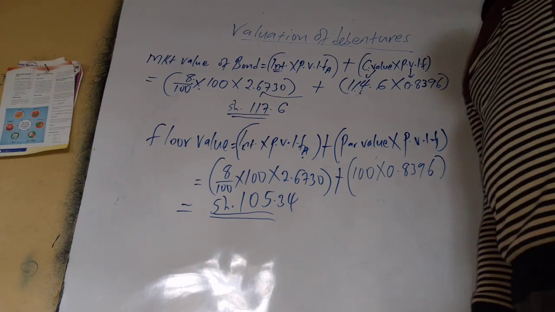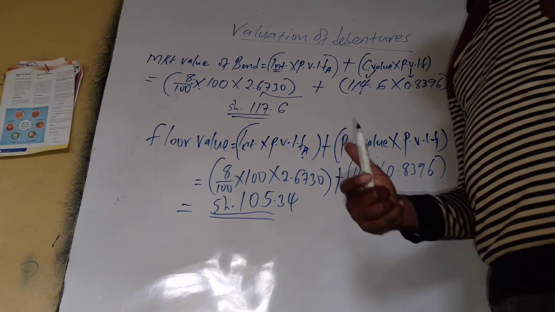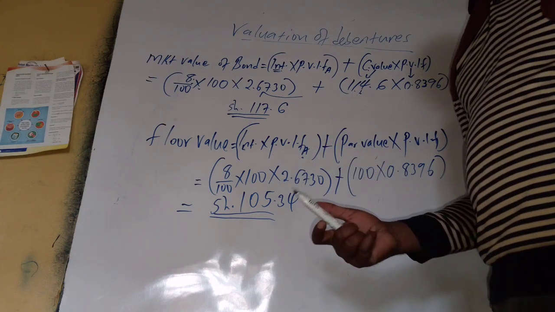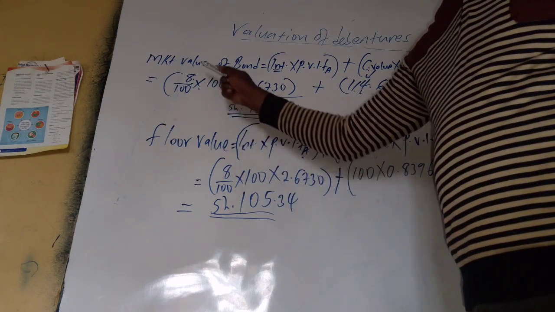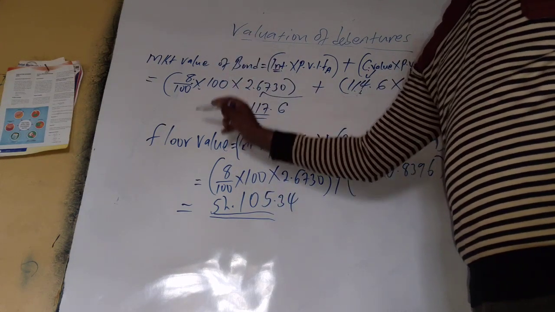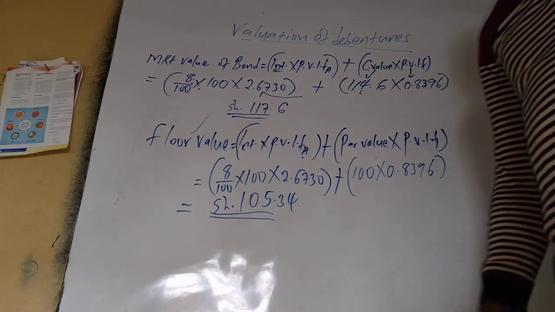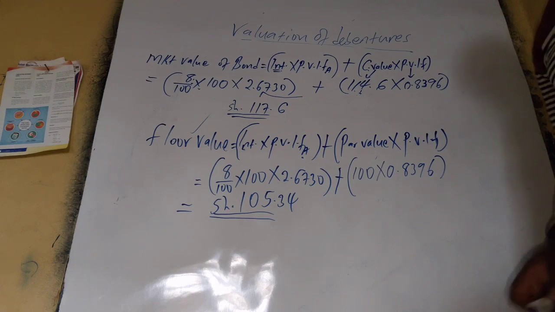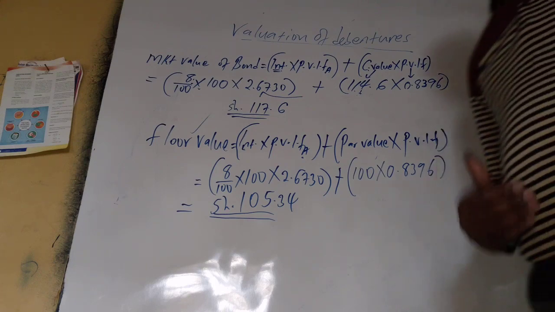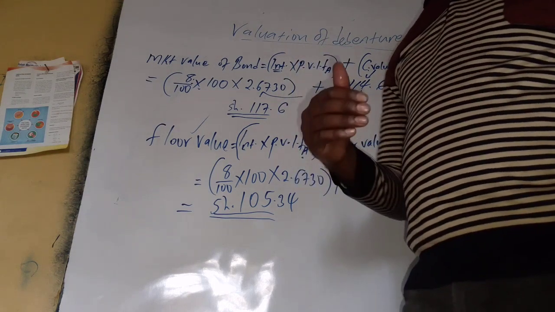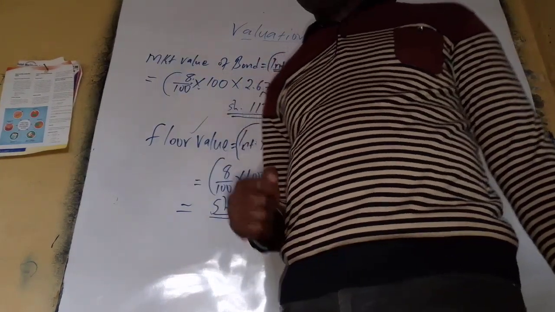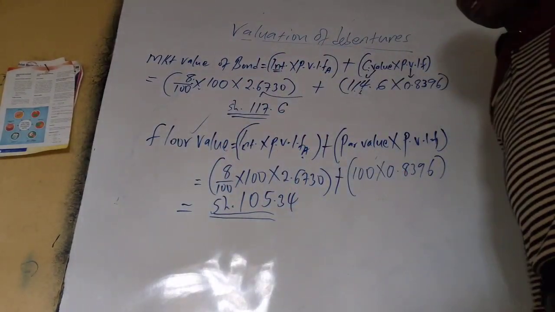So I'm saying, if they need you to calculate the premium, you just get the difference between market value and the floor value. And basically, that is how we value the bond.